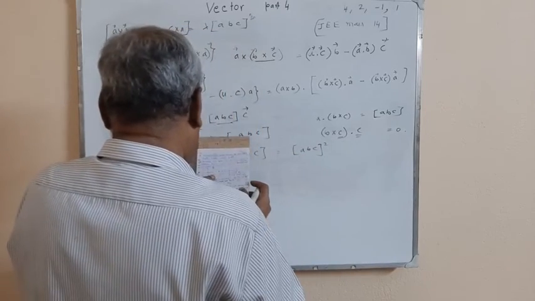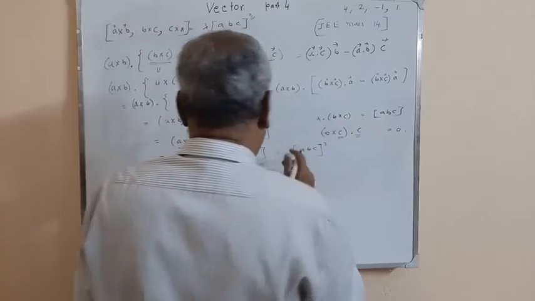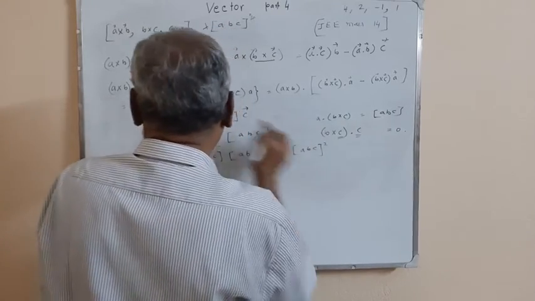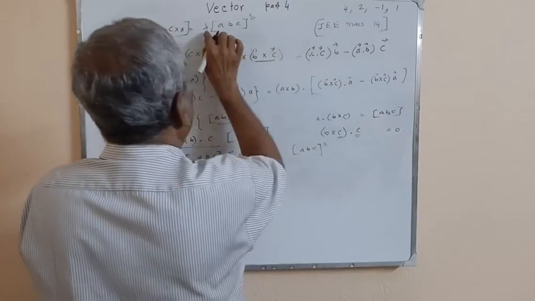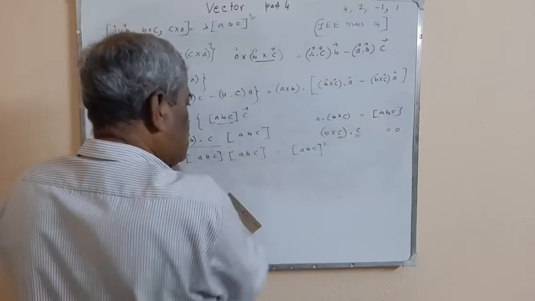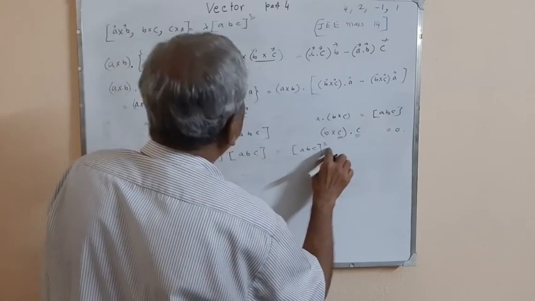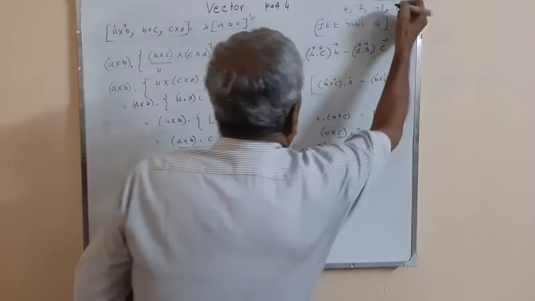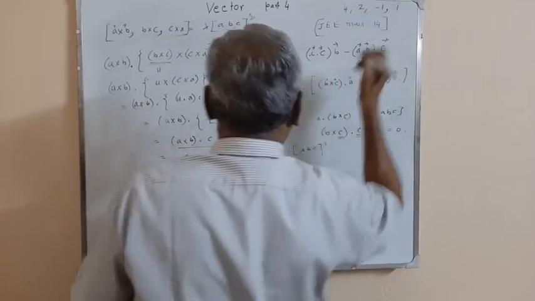So the value of lambda is equal to 1 into the whole square. Given that this is equal to lambda into that, we get this is equal to 1 into this, so lambda is equal to 1. So this option is correct.